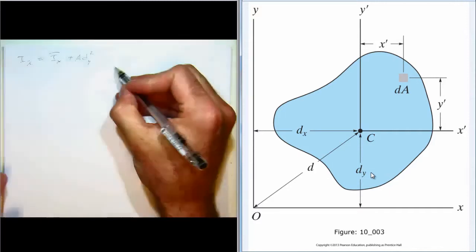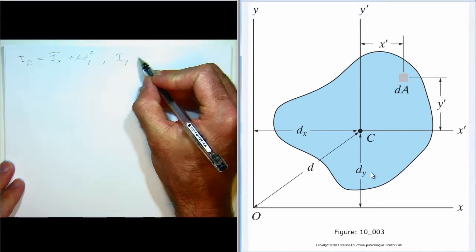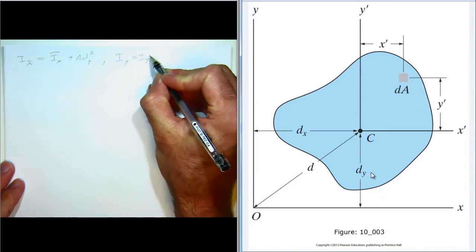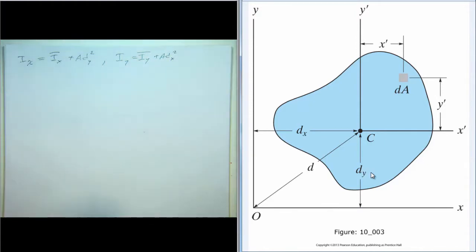And similarly, for the inertia about the y-axis, we have the moment of inertia about the principal y prime axis plus the area times the distance from the y-axis squared.